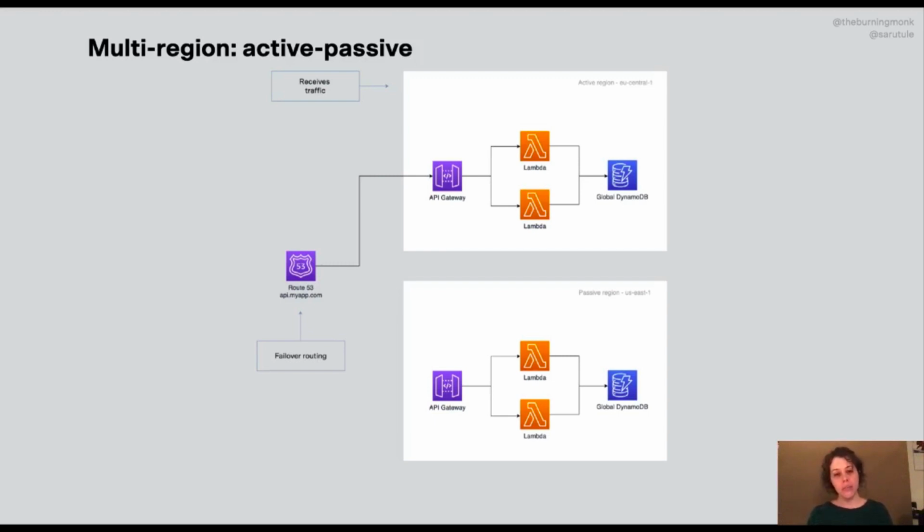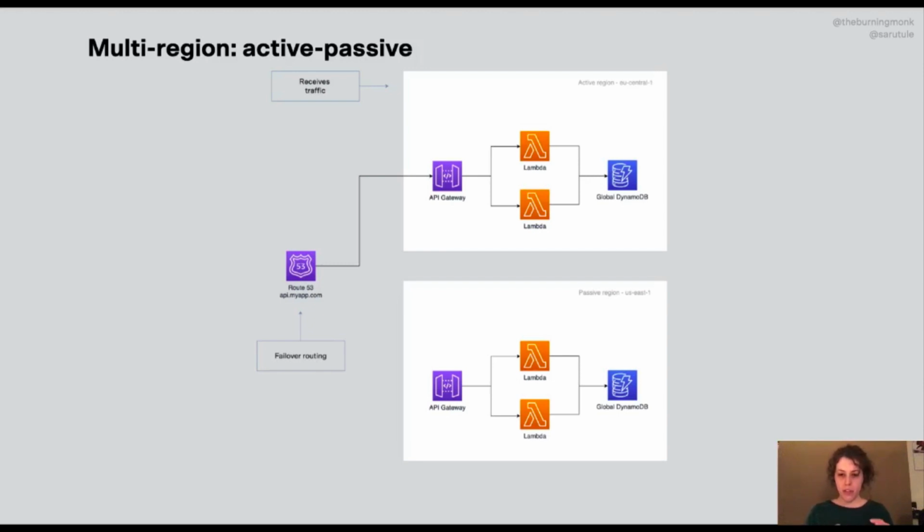Multi-region architecture means that you deploy your service in multiple regions. The easiest pattern, if we can call it easy, is the active-passive architecture. When you have active-passive, you have one active region, which is the only region that receives the traffic, and one passive region that does nothing. It just exists.